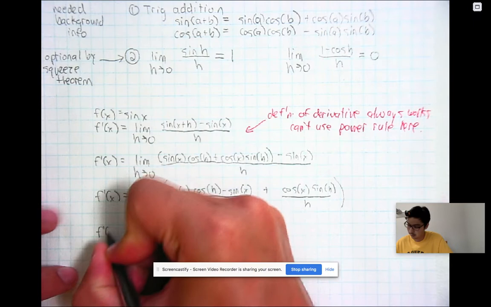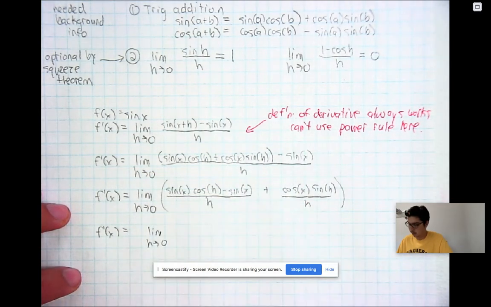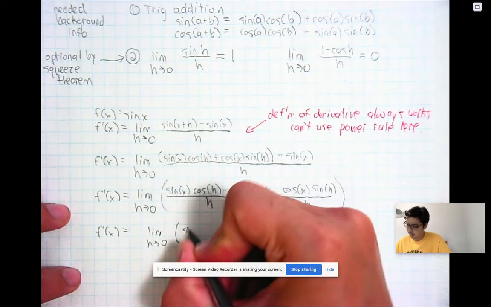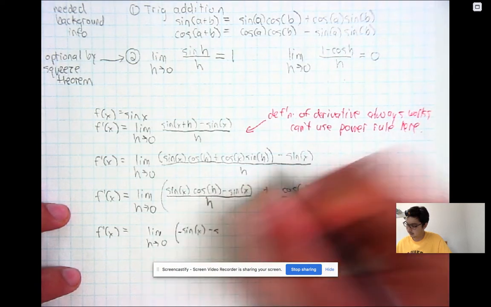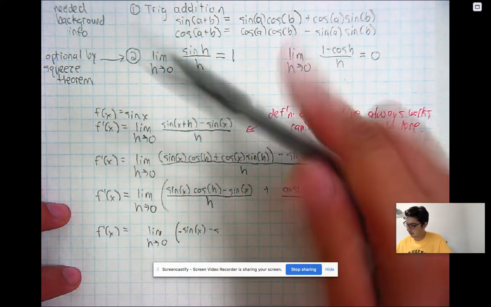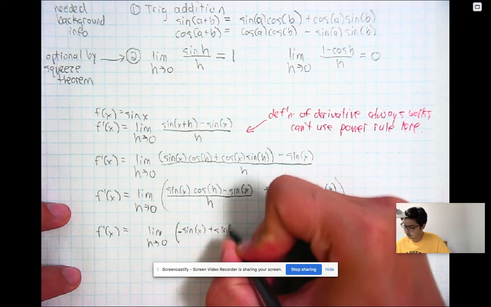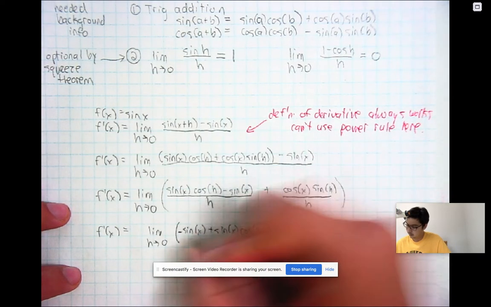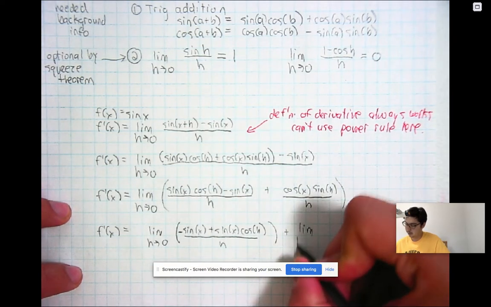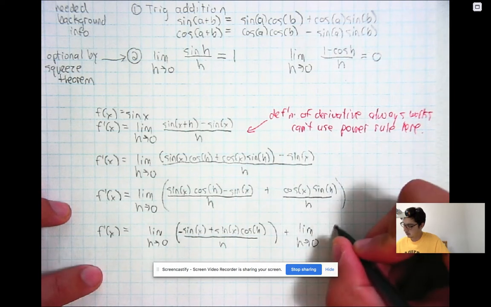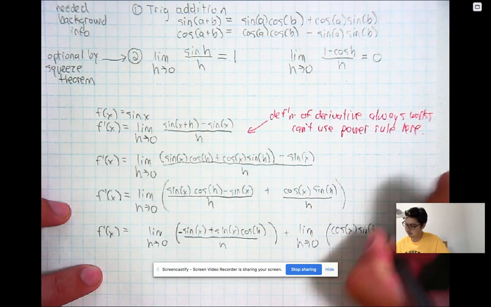So what this is equal to is the limit as h approaches 0 of, and I'm going to switch the order right here, negative sine of x plus sine of x cosine h over h, plus the limit as h approaches 0 of cosine of x sine of h over h.